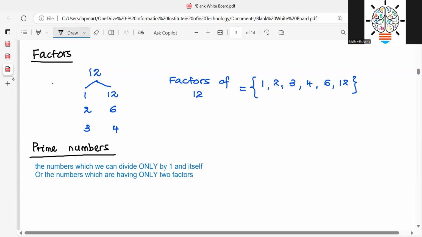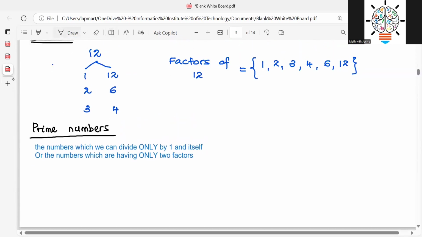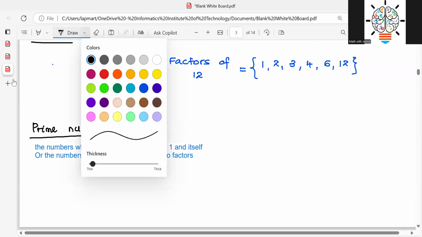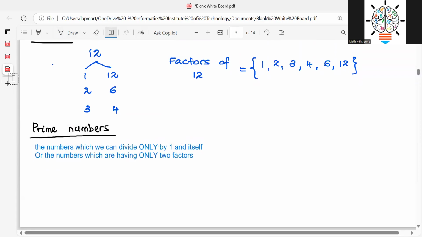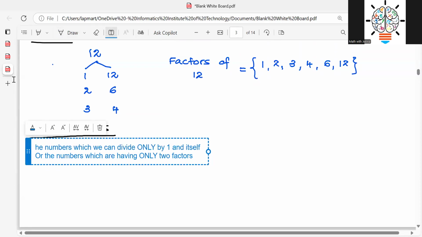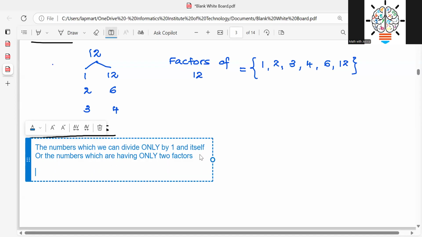Now let's say that you have something like this. What are the examples I can give you? I'll explain here itself. So then the examples I can get: 2, 3, 5, 7, 11, 13, 17, 19, and it's going on. Then I put the comma and 3 dots.